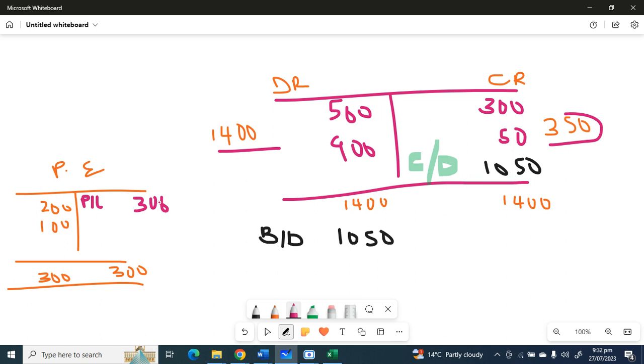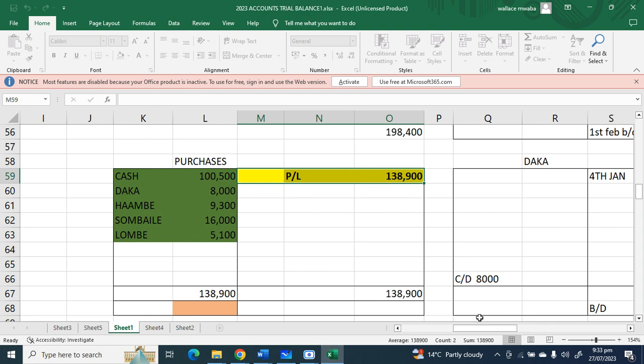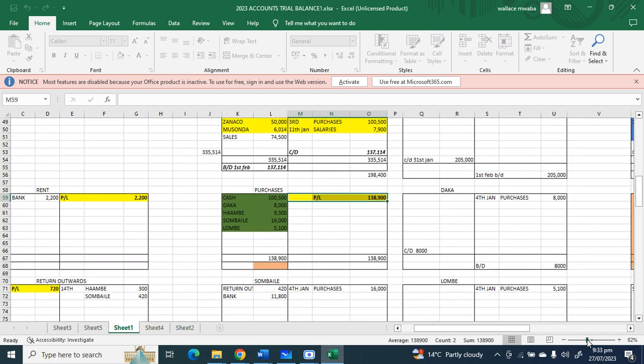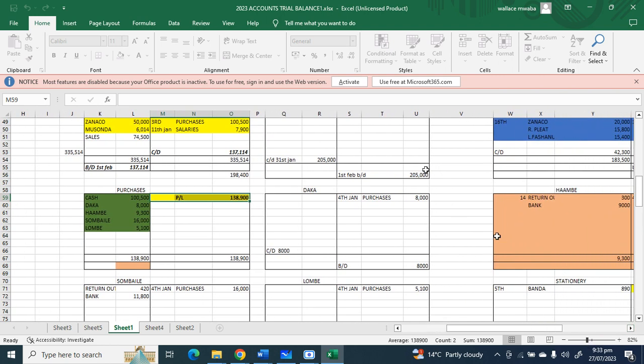Any income accounts, revenue accounts, expense accounts, this is what you do to them. Assets, liability, and capital accounts are the ones where you find balance brought down, balance carried down. Those are more permanent. So a lot of time will be wasted if we go through all of these T accounts.